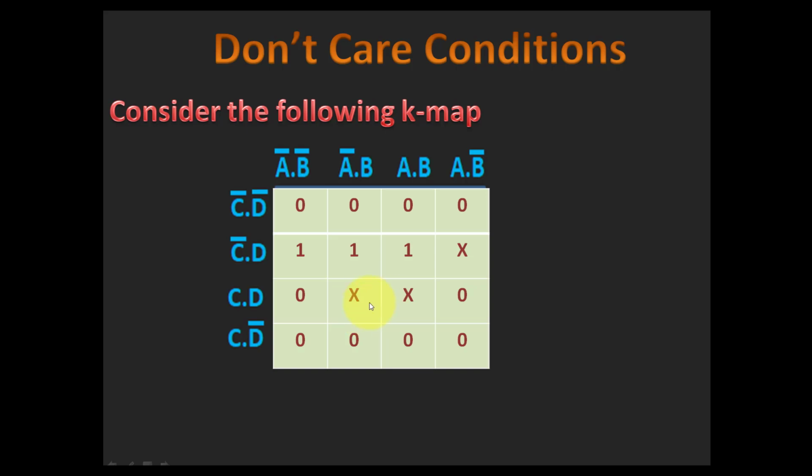We leave the other two don't cares as they are, we don't take them into consideration, as they are not useful for us. This one is useful because if we consider it as 1, then we get a quad. So don't cares can be considered as 1 if they are beneficial to us, and if they are not, we can leave them as they are. So we get the equation y equals c bar dot d. So these are all the properties of K maps.